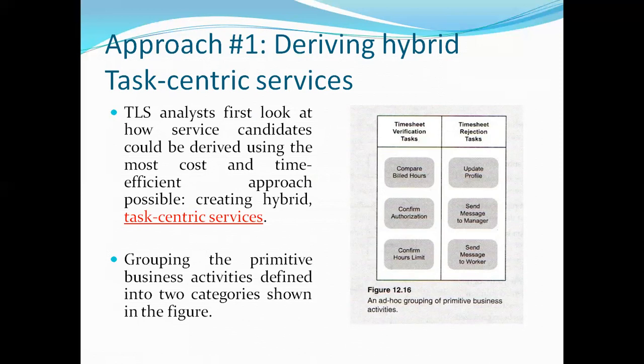The first task is the timesheet verification task, which covers three services: the compare billed hours service, the confirm authorization service, and the confirm hour limit service. The three main conditions are tested, and for that you have to write three web services. And in rejection, also three web services.